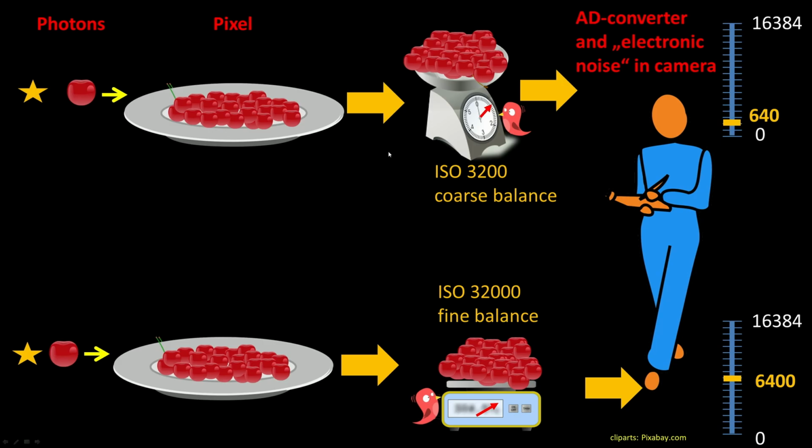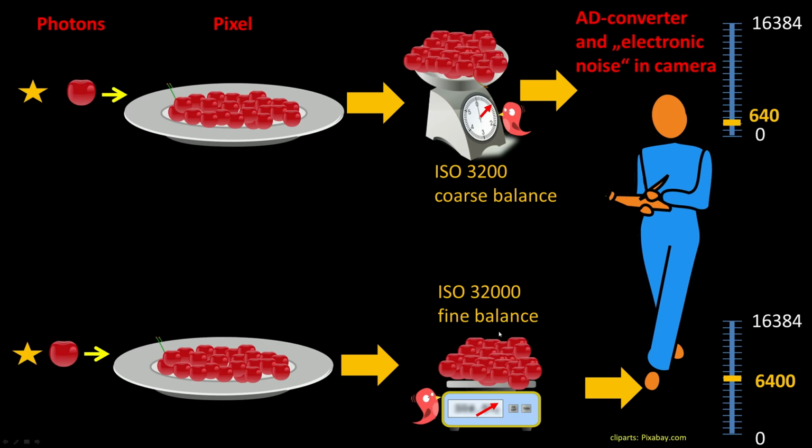The coarse balance will not be impressed that much by the bird, but the fine balance will show changing values every time this bird is knocking on the scale. So with higher ISO, you will have higher noise in your images.